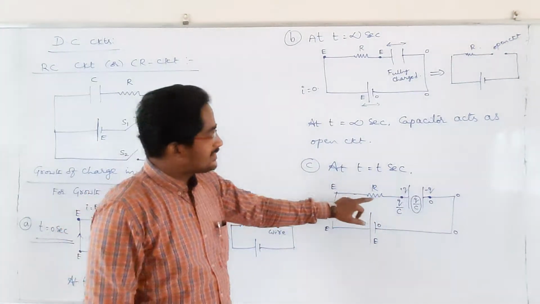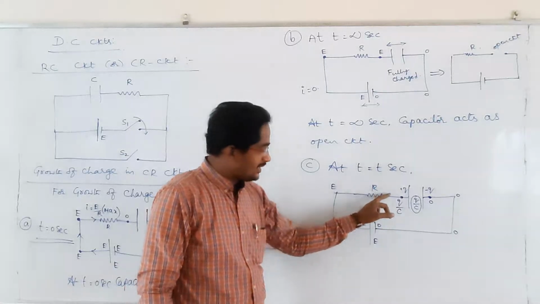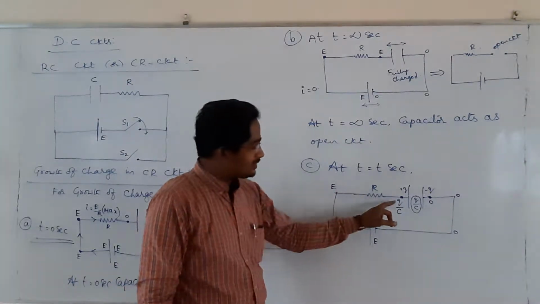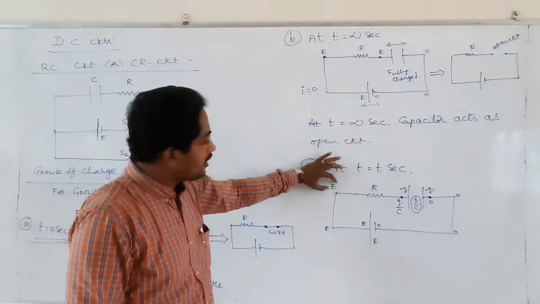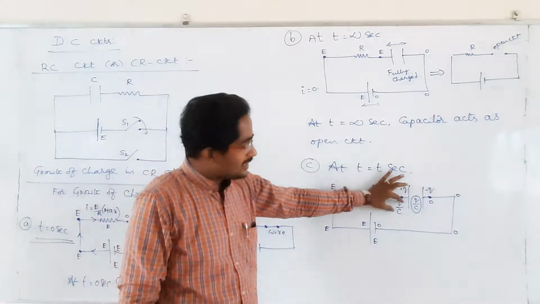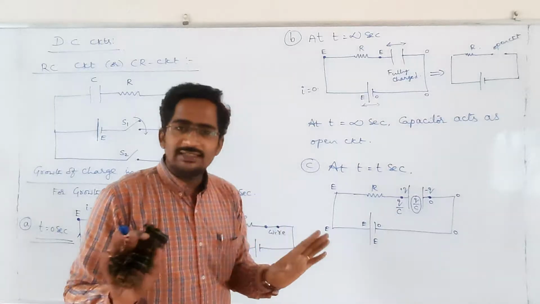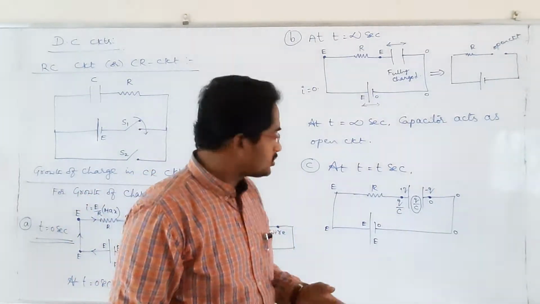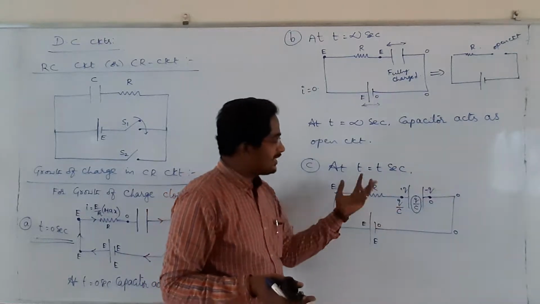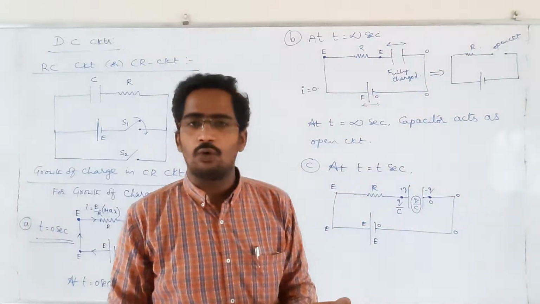So if it is Q by C, what is the potential difference across the resistor? E minus Q by C. Here the potential is E, and the potential here is Q by C. The difference is E minus Q by C. So the potential difference across the resistor, divided by the resistance, gives the current according to Ohm's law.